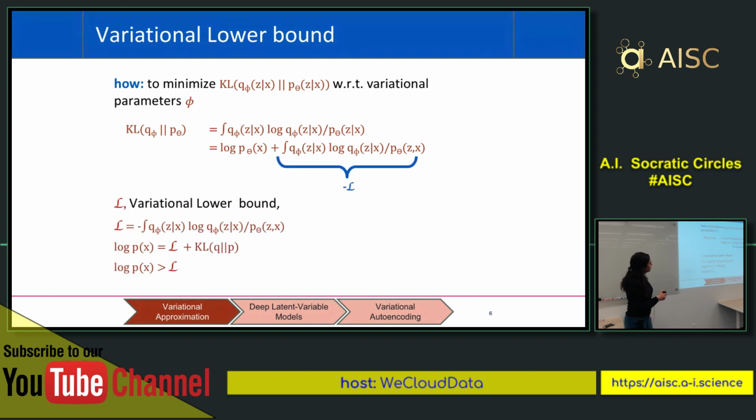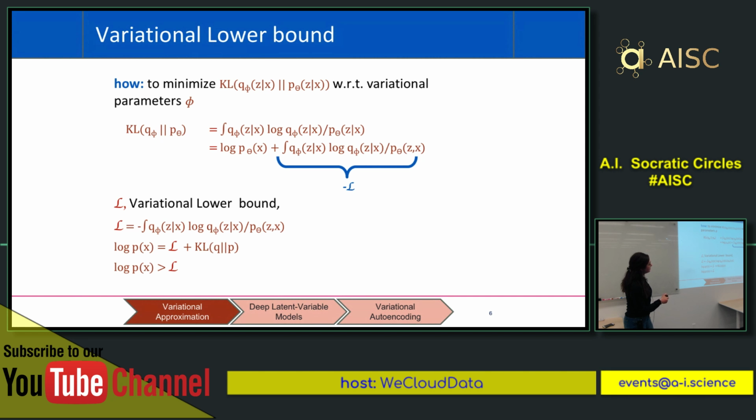And then this integral is the negative of the variational lower bound. The variational lower bound is the expectation of this log with respect to the posterior distribution. So far I'm just replacing this with the variational lower bound, negative L. If I put it here, I will get this.